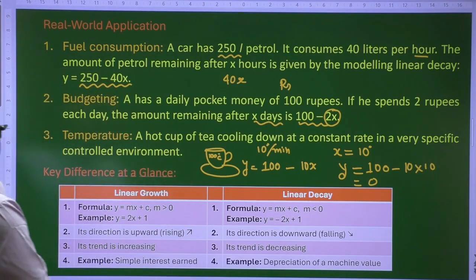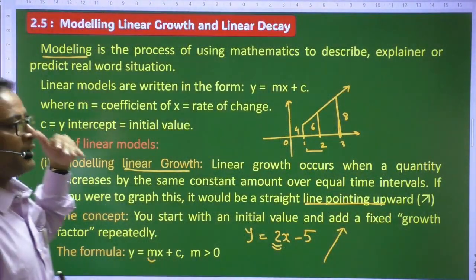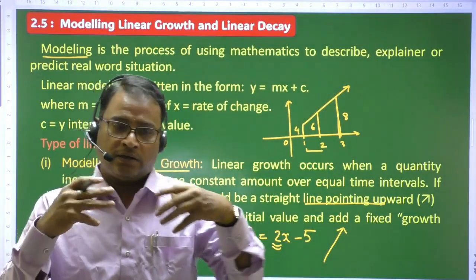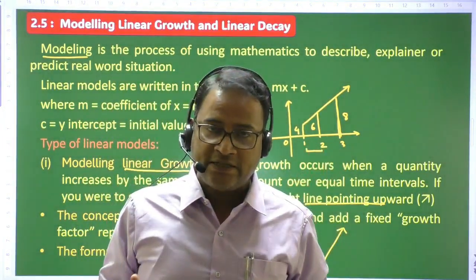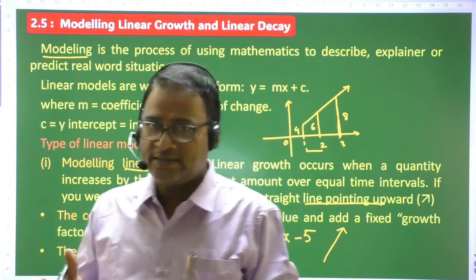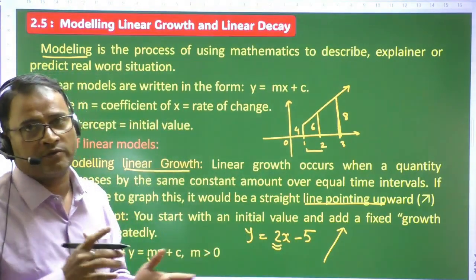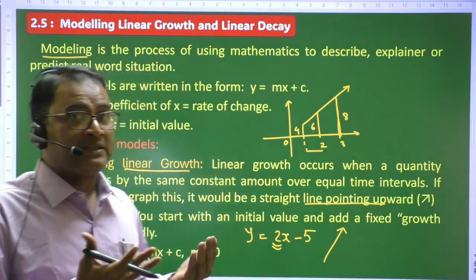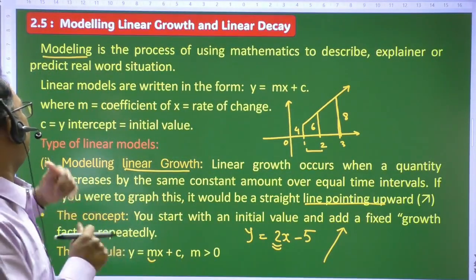So today what we have done in the theoretical part: what is mathematical modeling? It is nothing but the simplified representation of a system. We have one problem, and we mathematically represented it in a simple way.